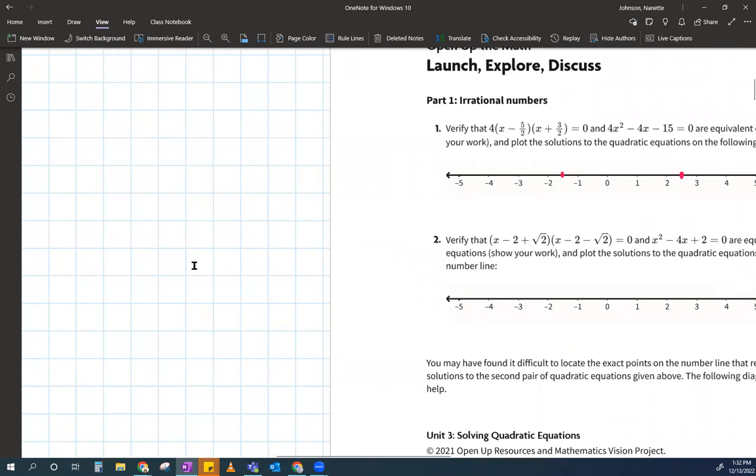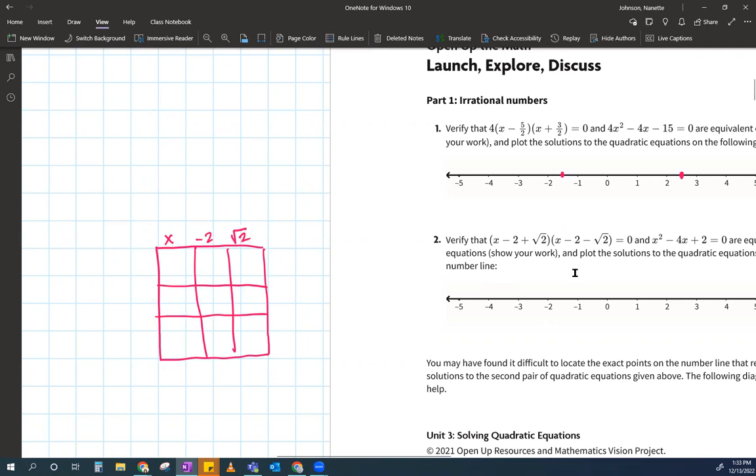So I'm going to make a gigantic box with 3 rows and 3 columns. And then I'm going to fill this in. I'm going to go X, -2, and then √2. And then X, -2, √2. Right? Did I do that right?